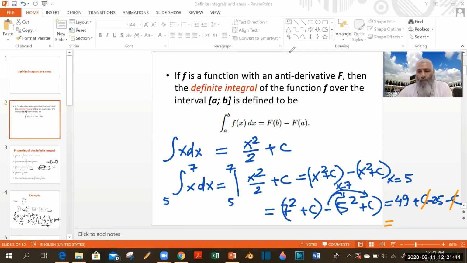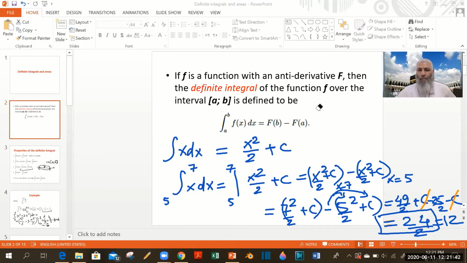Yes. So this is the answer. The integration from 5 to 7 of x dx: here we have over 2, and this is over 2, so this is 12. The solution is 12.